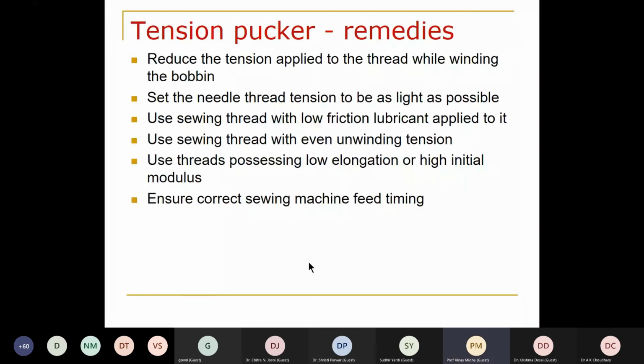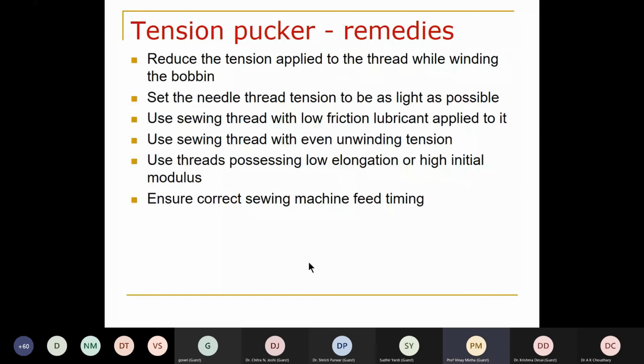Then the remedies for tension pucker include: reduce the tension which has been applied to the winding of the bobbin thread, and use the minimum needle thread tension as I discussed earlier. Start with the bobbin thread. Minimum bobbin thread tension should be first fixed. Then accordingly, the needle thread tension for balancing the stitch should be given.